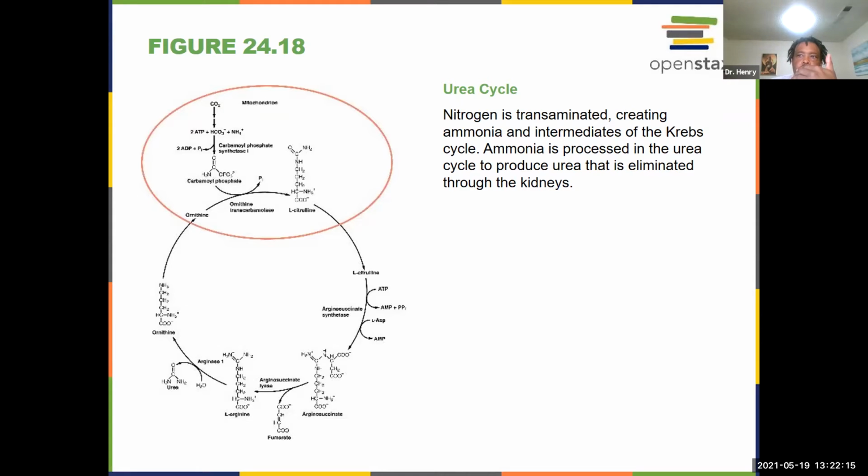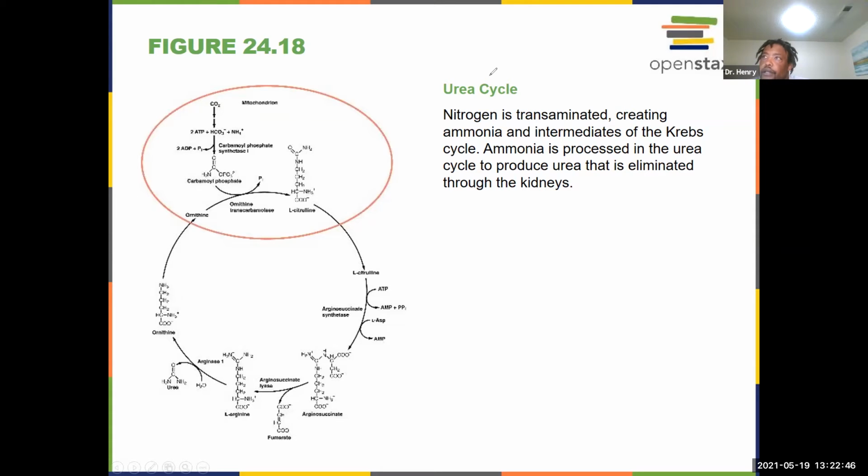Argininosuccinate synthase combines the L-citrulline and L-aspartate together, and then that L-aspartate will end up being modified to make the argininosuccinate. L-aspartate is one of your amino acids that are found in muscles.